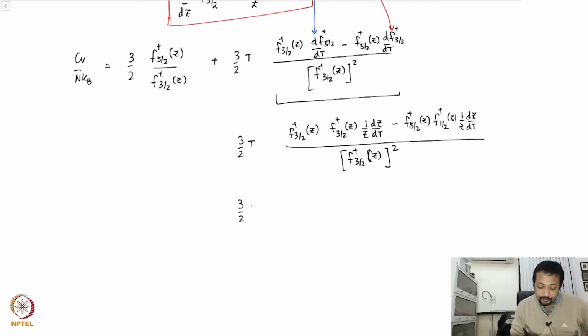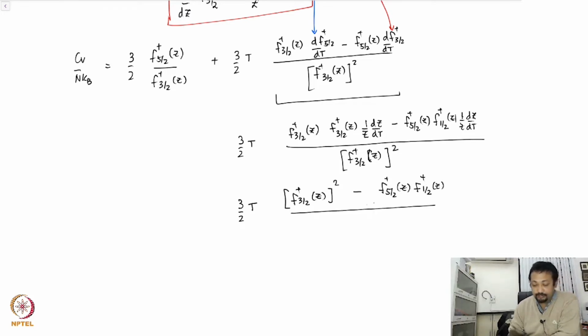And therefore this becomes 3/2 T times f_{3/2}(z) over f_{3/2}(z) whole square, minus f_{5/2}(z) over z times f_{1/2}(z) divided by f_{3/2}(z) whole square, times 1 over z dz/dT.